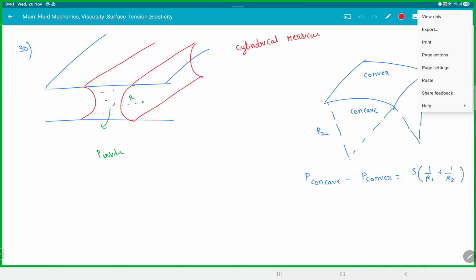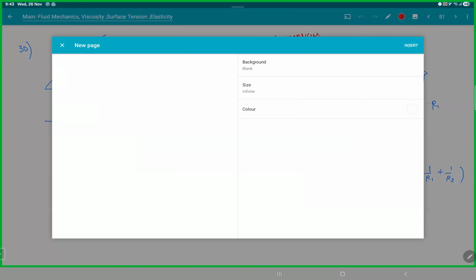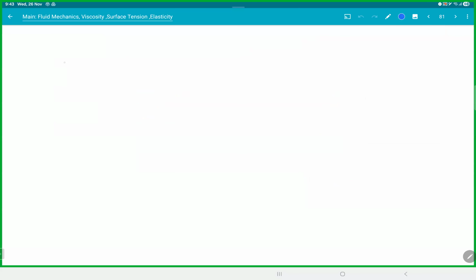Meaning, if you actually try to see what happens with a tube of insufficient length, let's say liquid can actually go till here. This is how the meniscus will look.